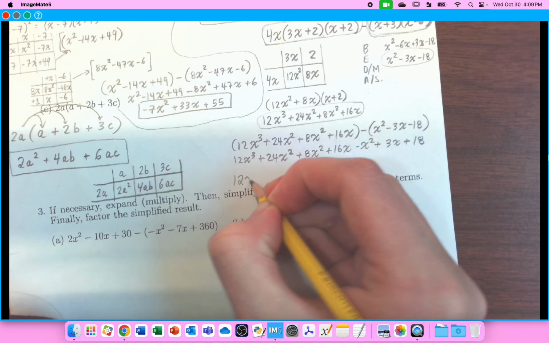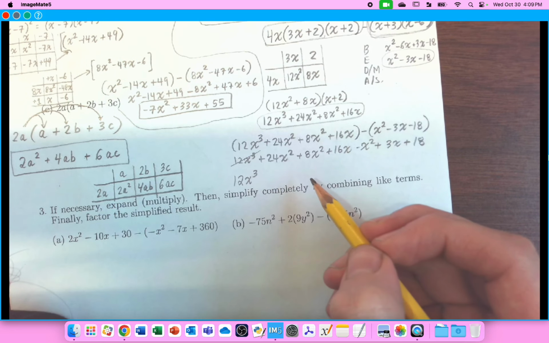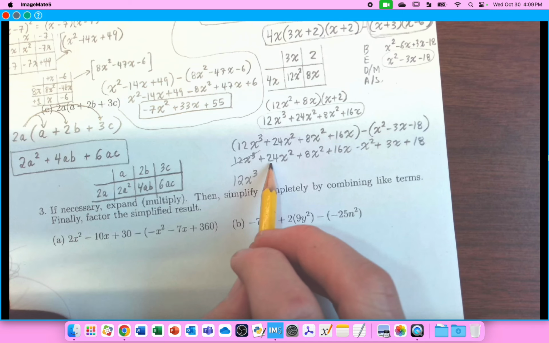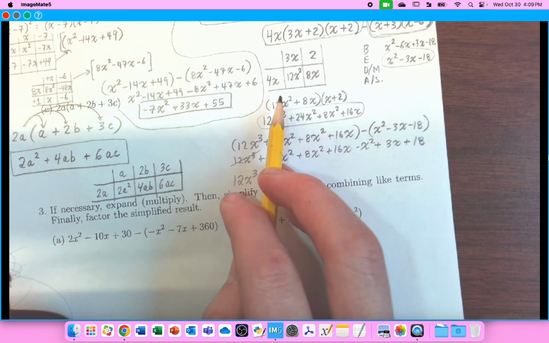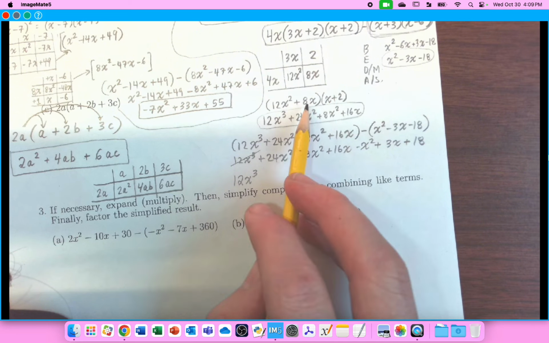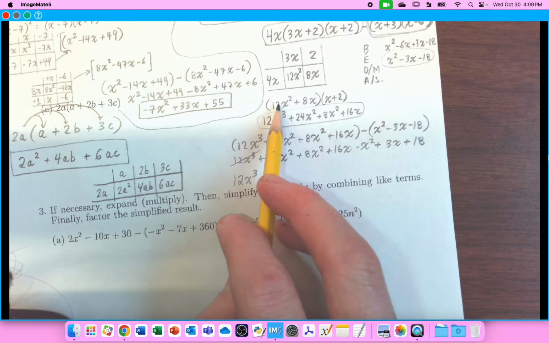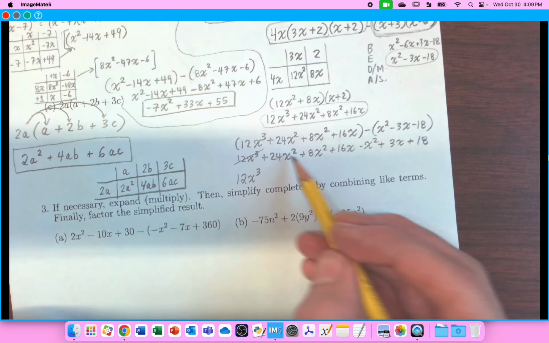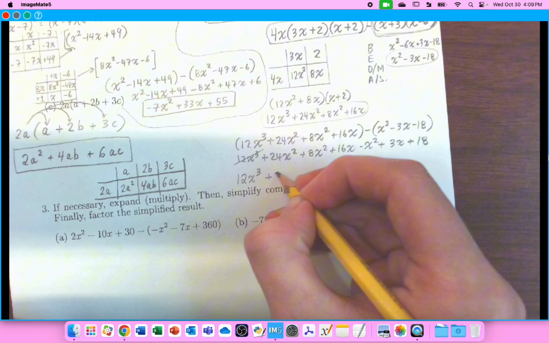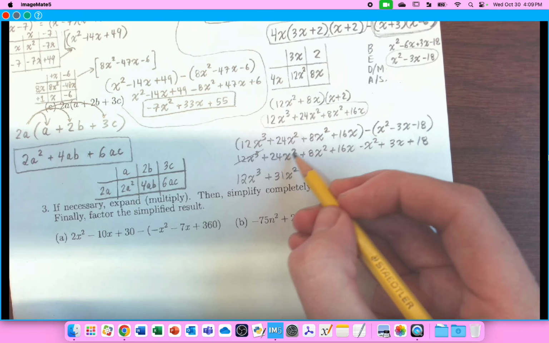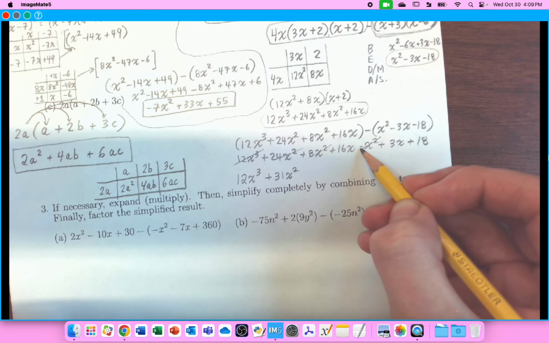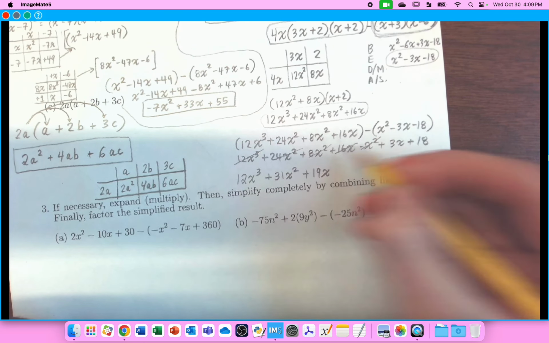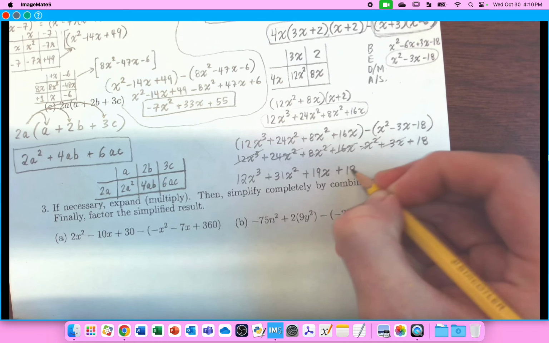There's no other x cubed. 24 plus 8 is 32, take away 1 is 31x squared, plus 19x, plus 18.